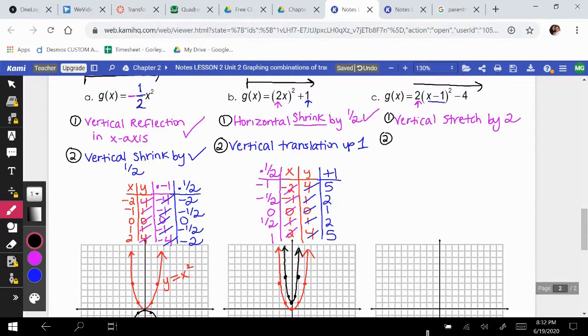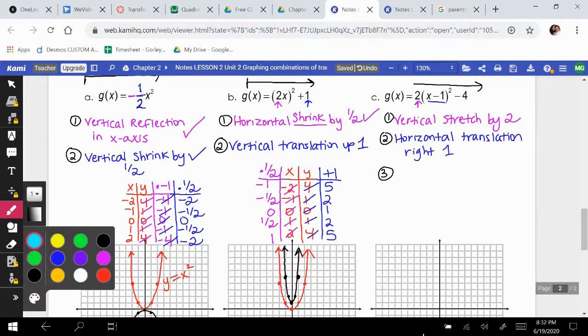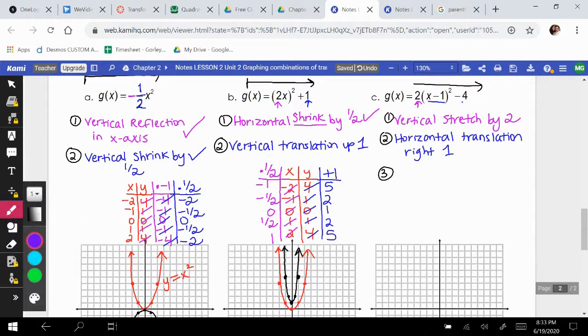It's inside parentheses, so I know that it's horizontal. Opposite of what you think, so it's going to be translation to the left one. Okay, last but not least, we see this -4. It's outside parentheses, so I'm going to say that it's a vertical translation, and in this case it would be down 4.